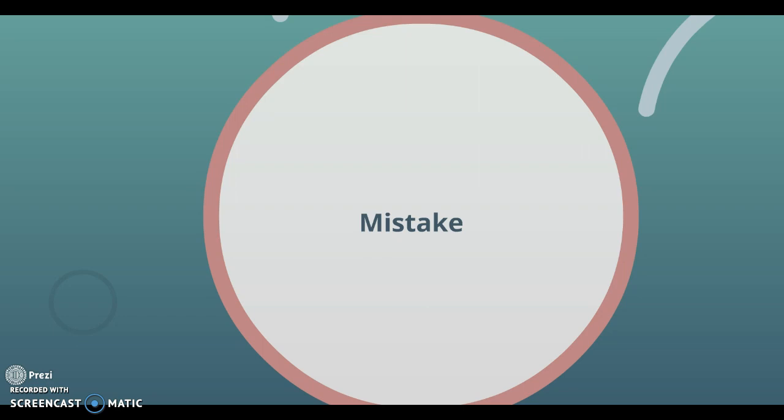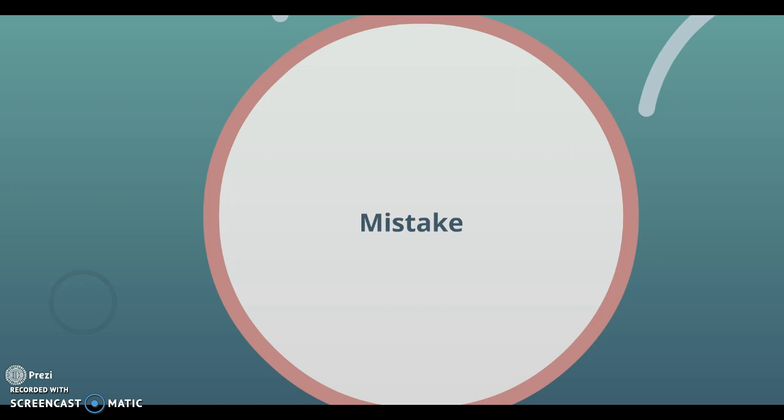Generally, mistakes are categorized as either a unilateral or a mutual mistake. So you're going to need to know that. Unilateral, meaning one, so that happens when only one party holds an incorrect belief about the facts or law related to the contract. Generally, this does not affect the validity of the contract.